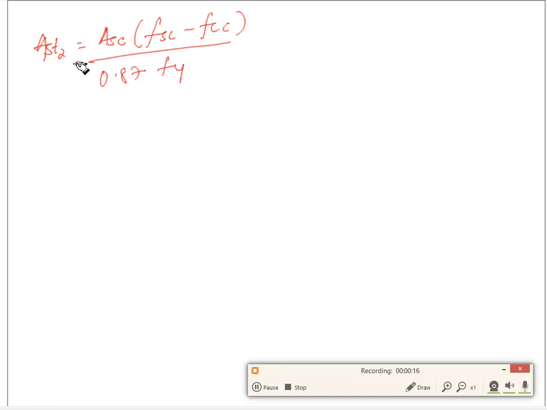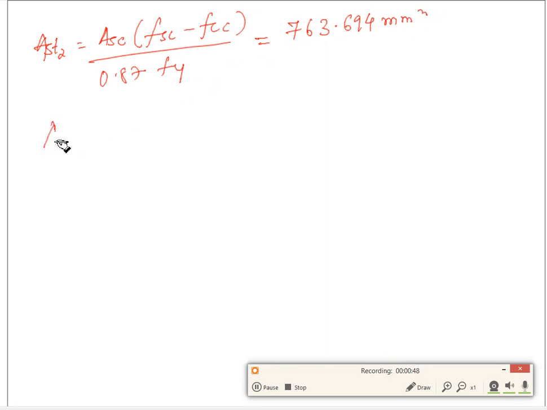FSC we have already calculated from the table, and FCC is 0.446 FCK. I'm not writing all the values, I've already calculated it, so I'm just writing the value. You can verify: AST2 is 763.694 mm square.